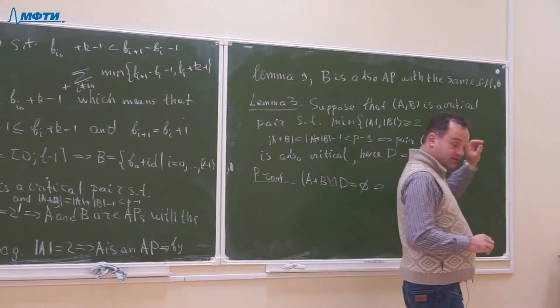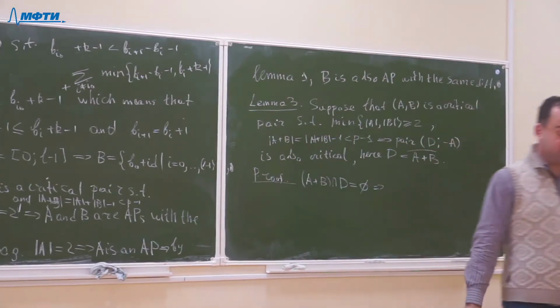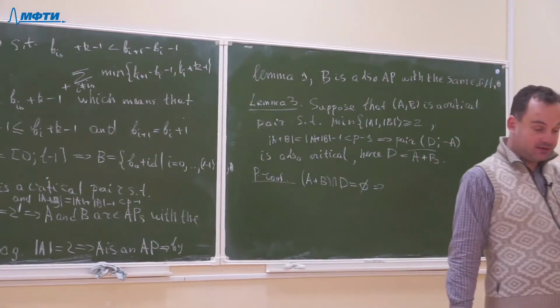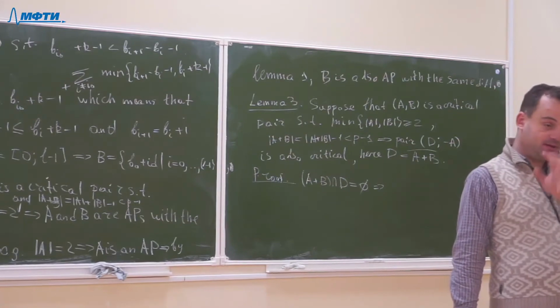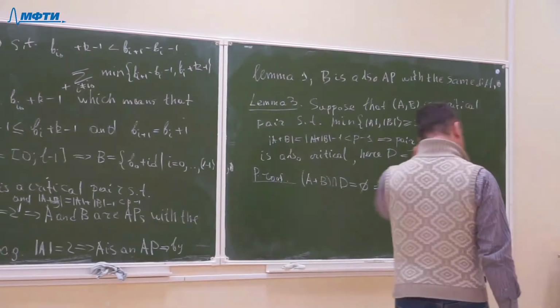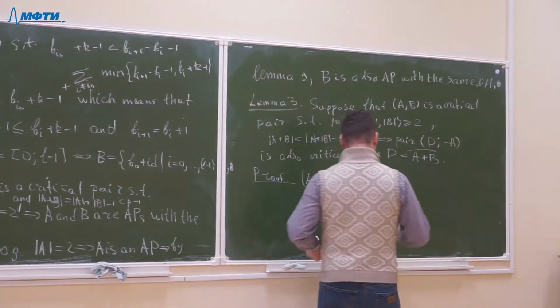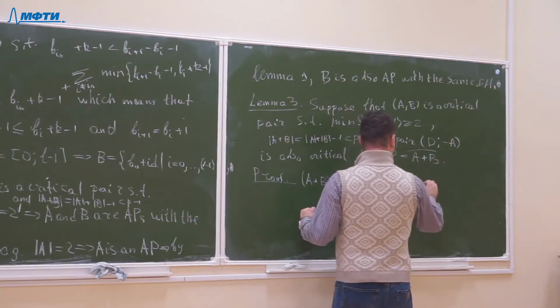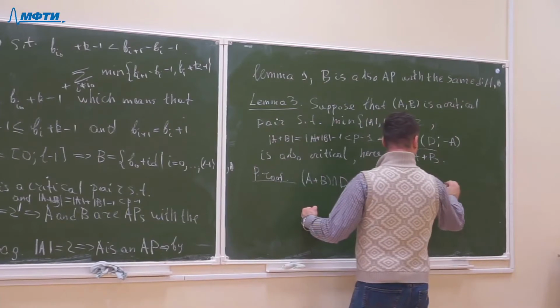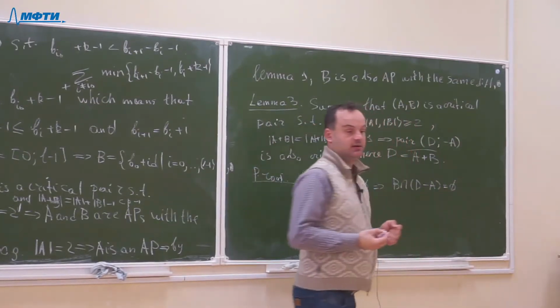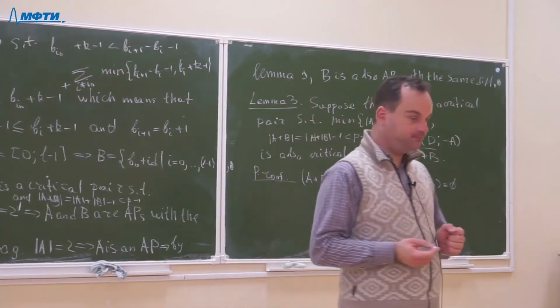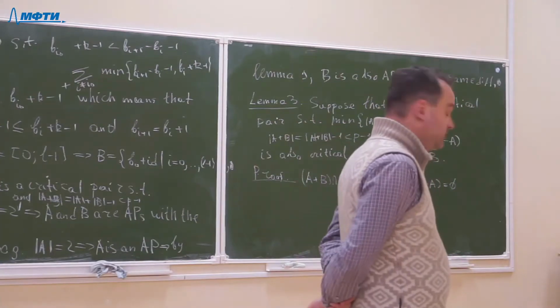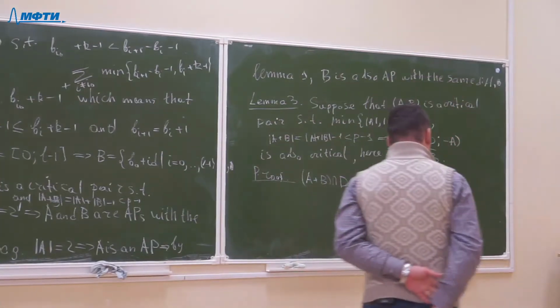We have to show that the cardinality of D minus A is the cardinality of D plus the cardinality of A minus 1, right? We have to consider D minus A. Which means that B intersect D minus A is the empty set, right?